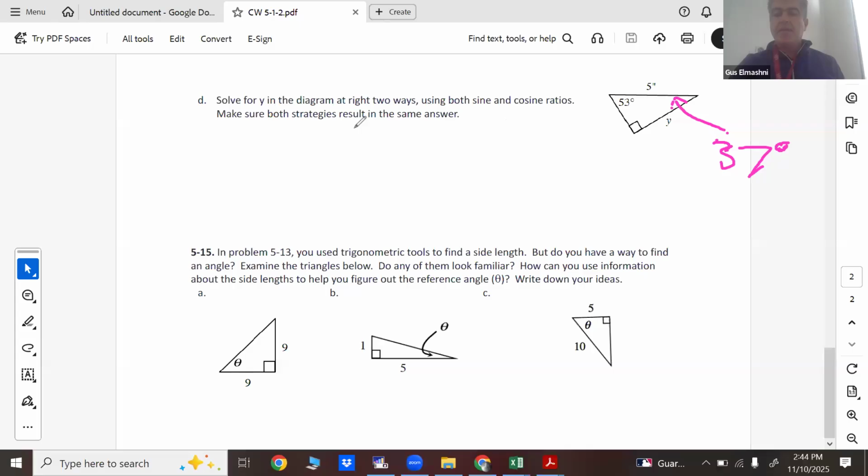We know that because they have to add to 90. So you can make two ratios. You can say sine of 53 degrees equals y over 5.